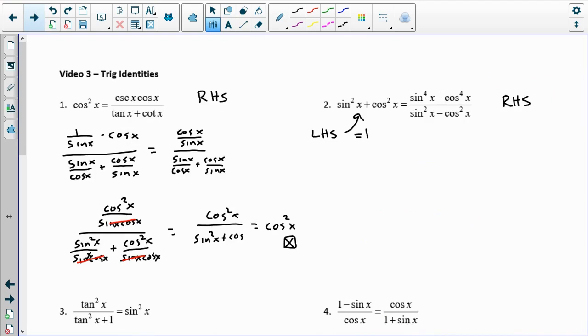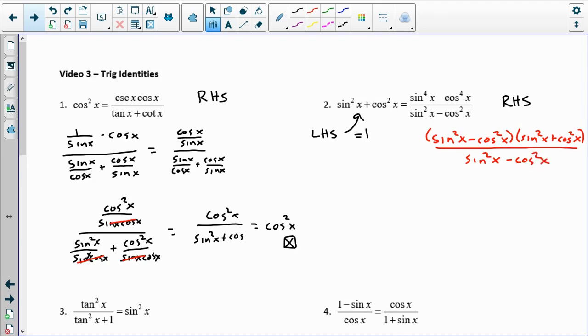So if I manipulate the right-hand side, sine to the fourth minus cosine to the fourth is the same thing as sine squared minus cosine squared times sine squared plus cosine squared. So that is just factoring that as the difference of 2 perfect squares.